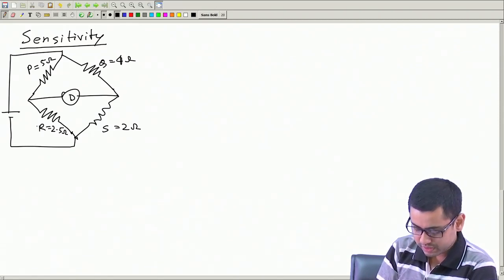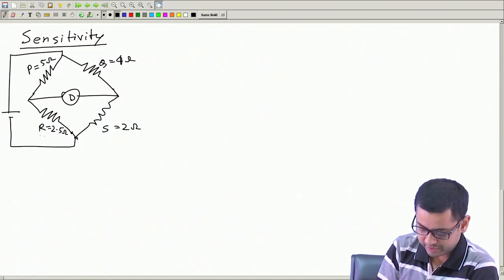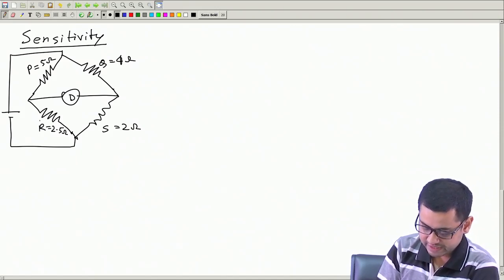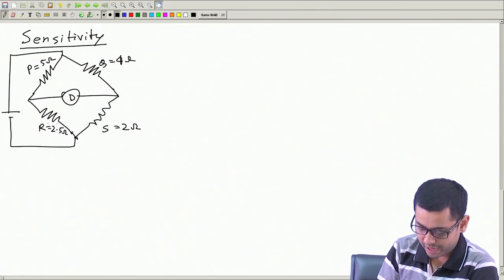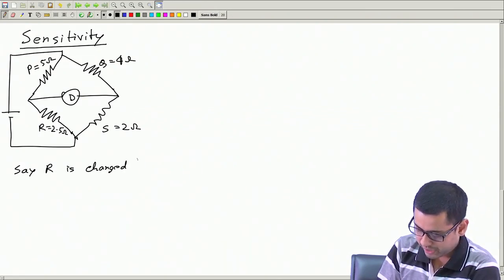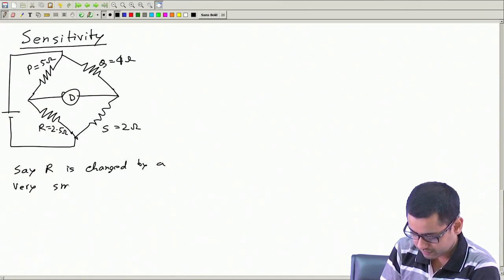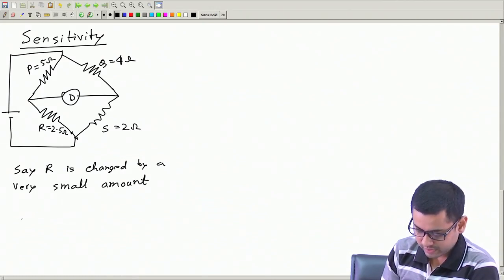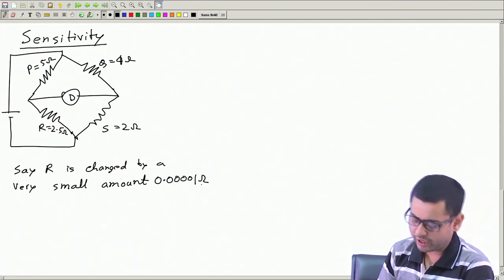But suppose this unknown R, or this measurable quantity which we are measuring, is changed by a very small amount, say like maybe 0.0000001 ohm, as small as you can think.